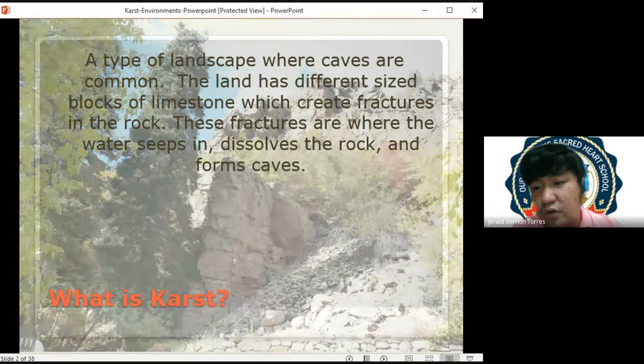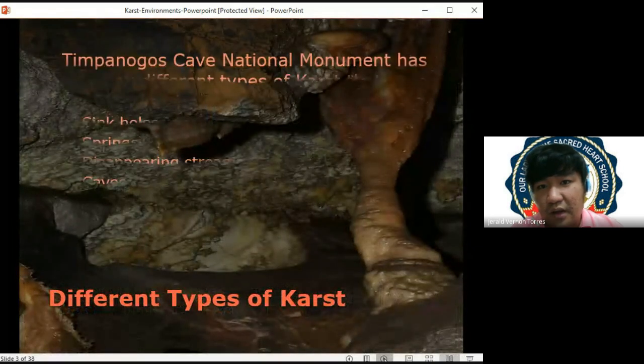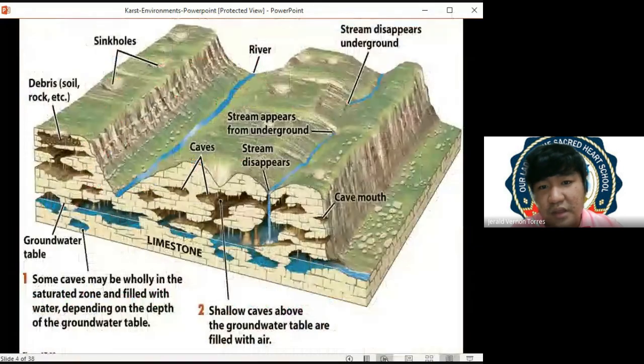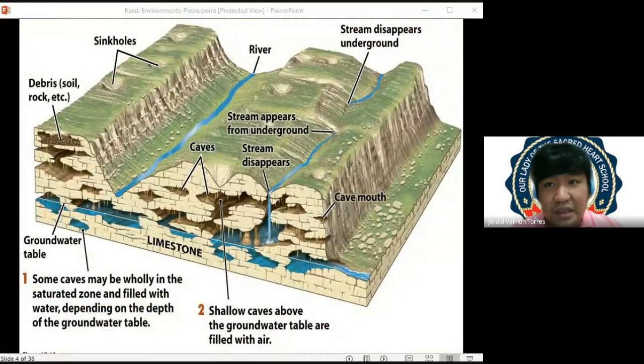So to fully understand what is a karst environment, let me show you this. This is an example of a parent rock kung saan we can observe here many karst landform. Ayan na, may mga karst landform tayo.